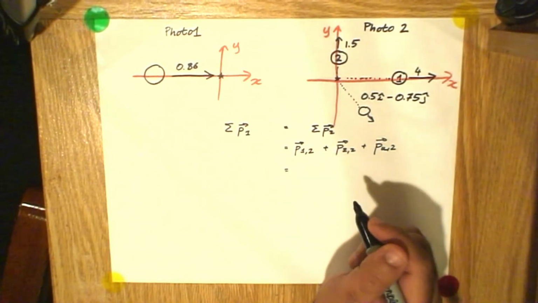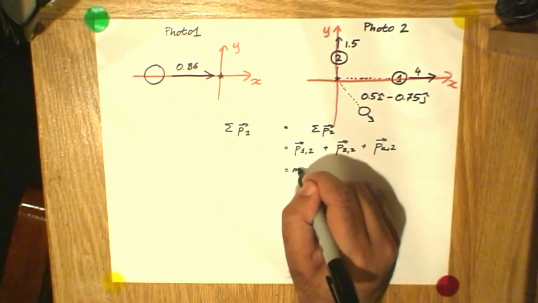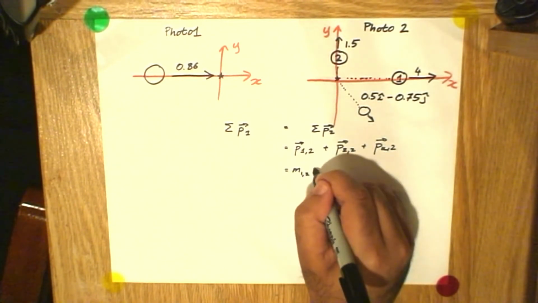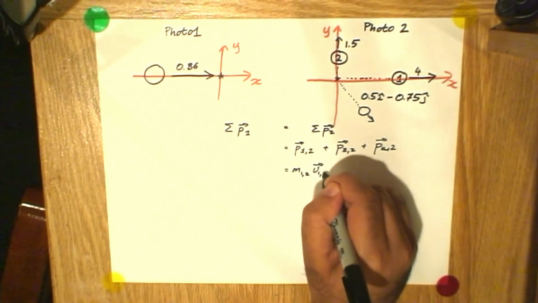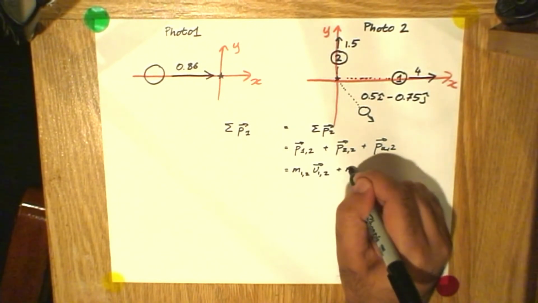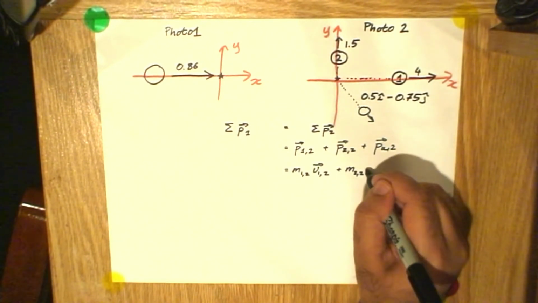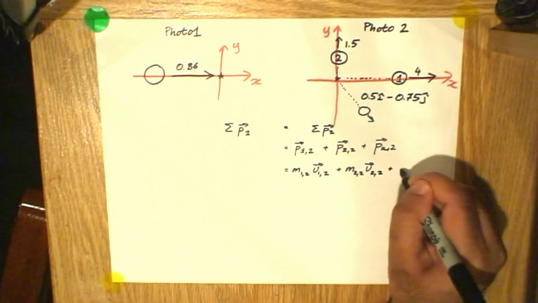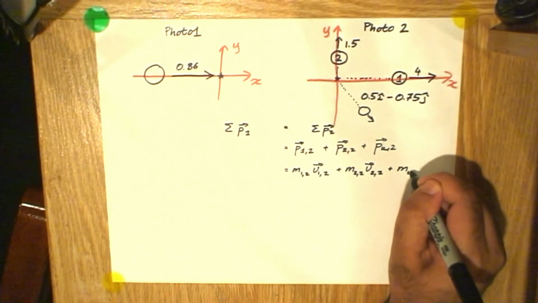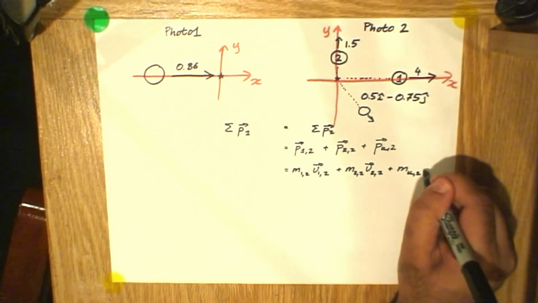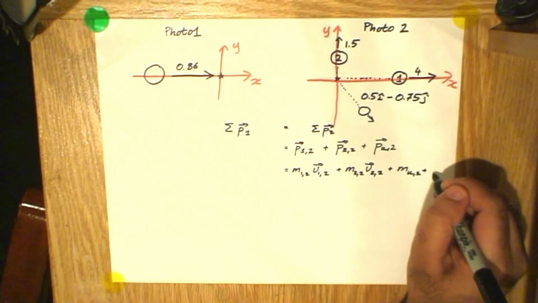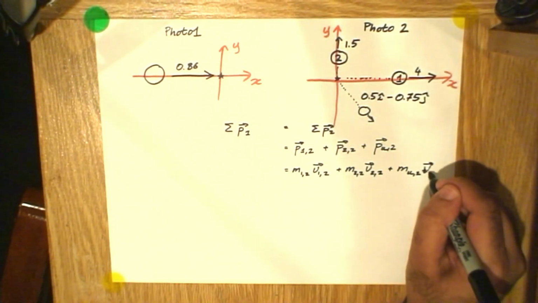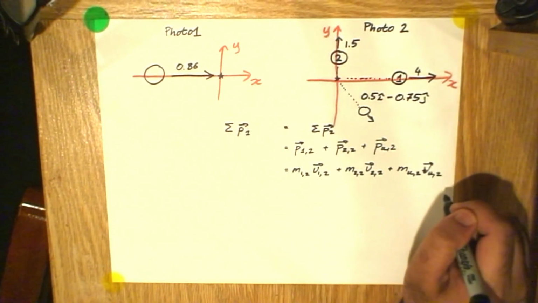If I were to expand all this out, that gives us mass of 1 in the second photo times velocity of 1 in the second photo plus mass of 2 in the second photo times velocity of 2 in the second photo plus the unknown mass in the second photo times the velocity of the unknown mass in that second photo.